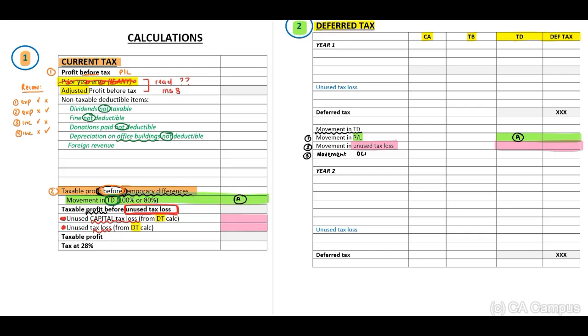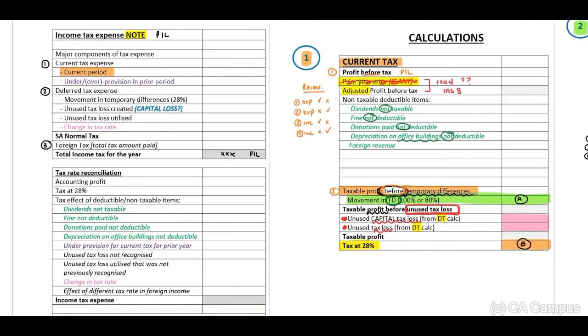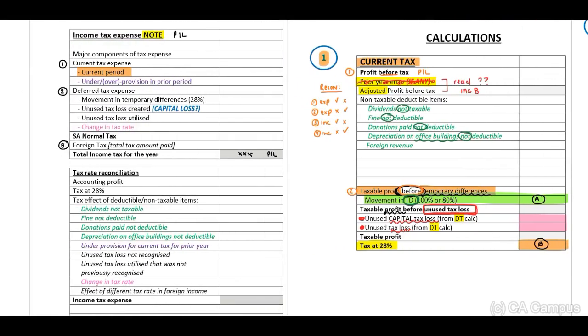Now you have determined your taxable profit amount, times this by the tax rate, and this will then be your current tax. Let's call this B. That amount should equal the amount that we include in note B, our current period tax.